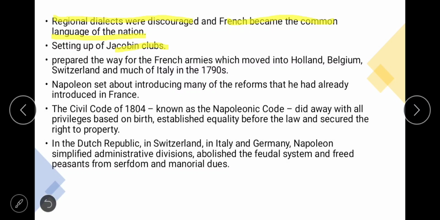And the French army started to carry the idea of nationalism abroad, that is, out of their country to other nations within Europe, with what intention? With the intention of liberating the peoples of Europe from despotism. What is despotism? Absolute rule. So, with the intention of liberating the peoples of Europe from despotism, that is absolute rule, to become nations.